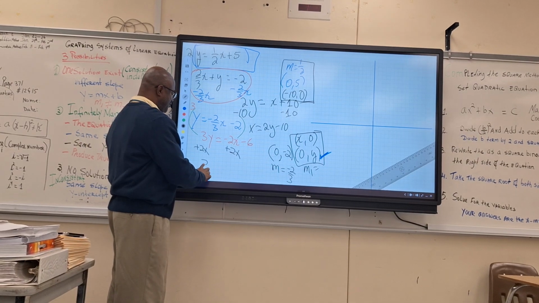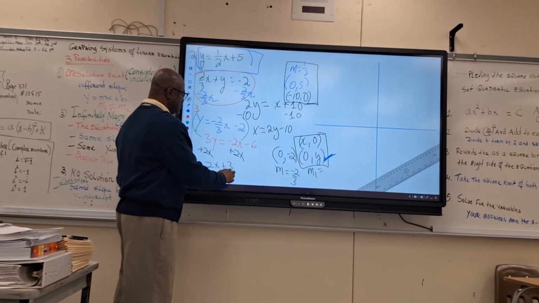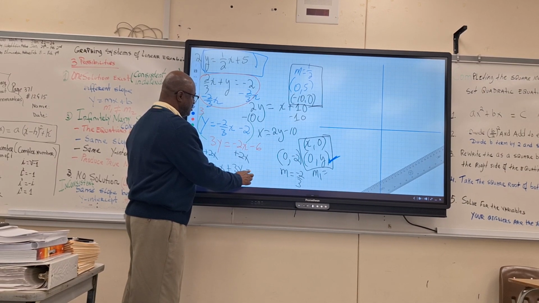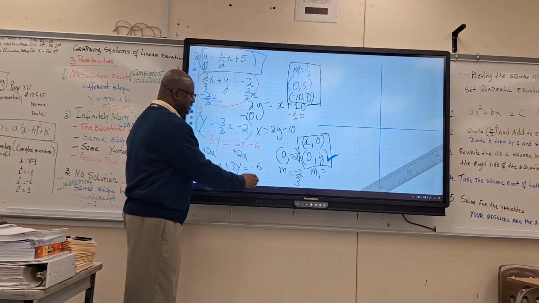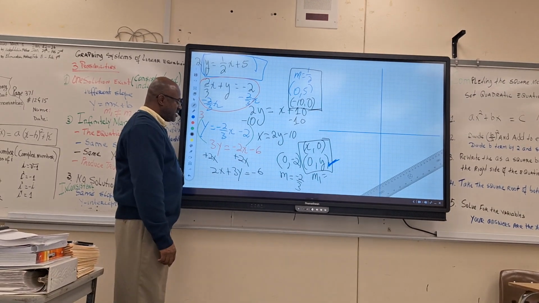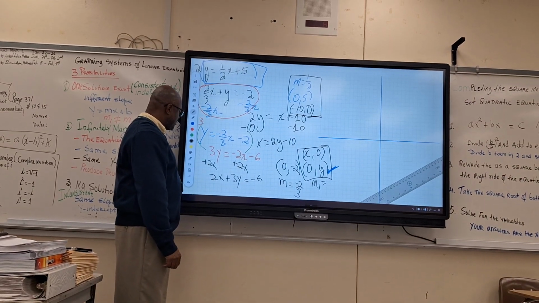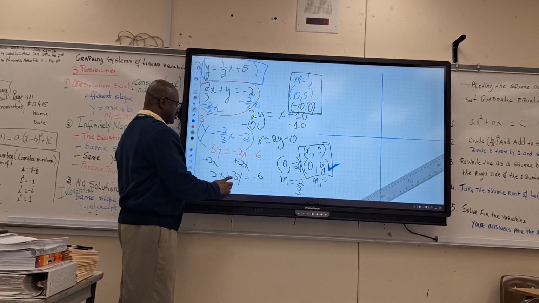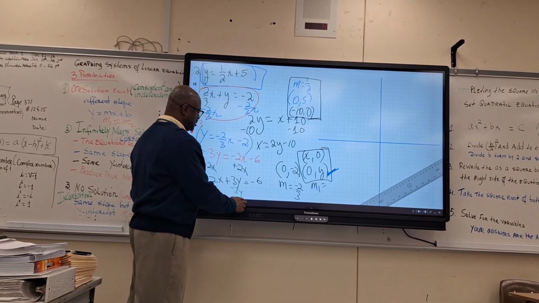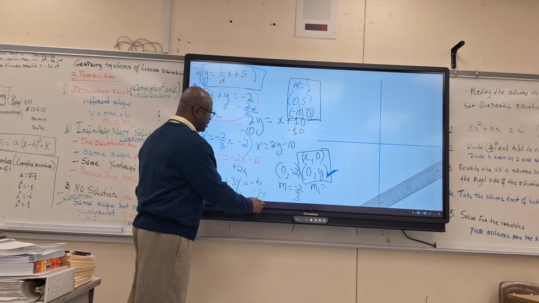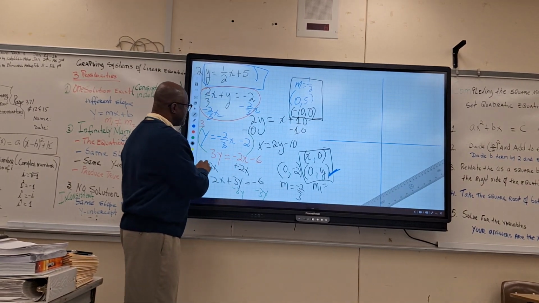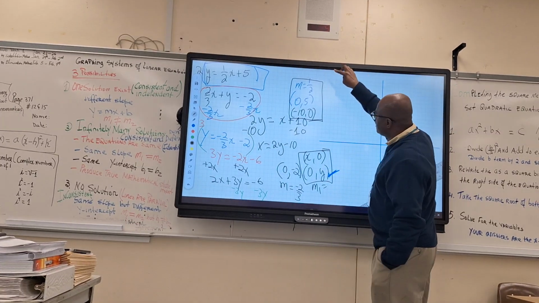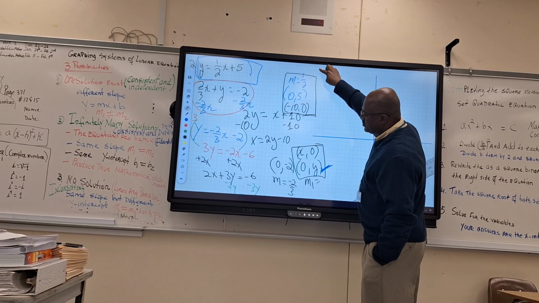Then you will have 2x plus 3y equals negative 6. Almost there. We need x to be on one side by itself. What do you do? You subtract 3y on the other side. And you will end up with 2x equals negative 3y minus 6.